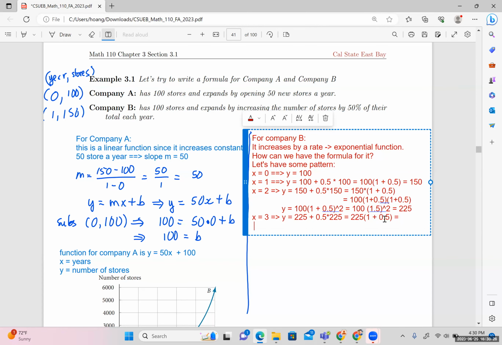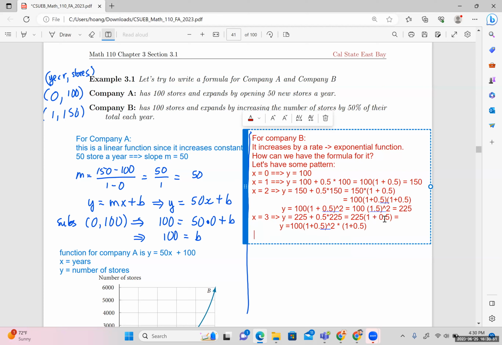And I move this down and write y equal to 2.5. I want to write it as hundreds times 1 plus 0.5 raised to the power 2 and multiply with 1 plus 0.5.